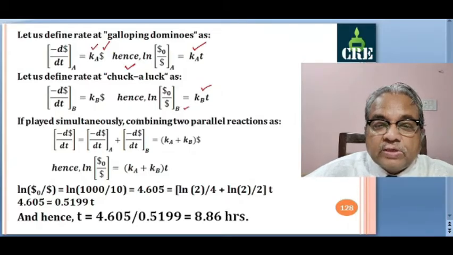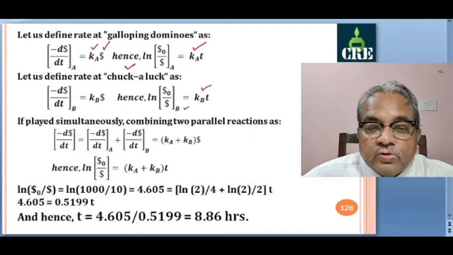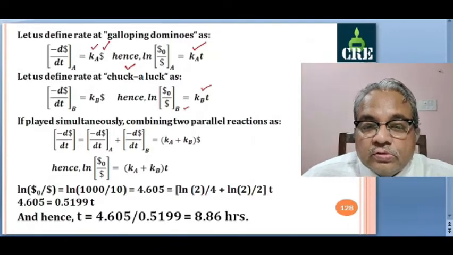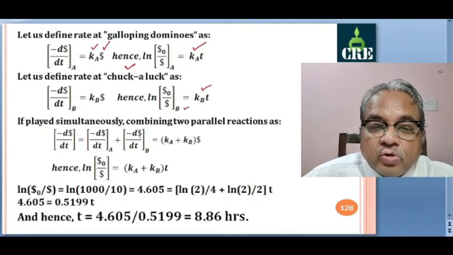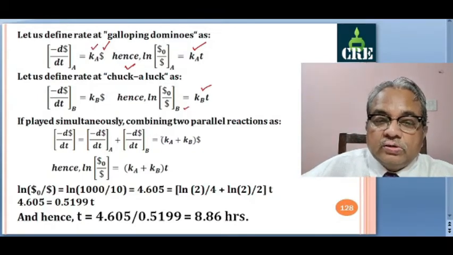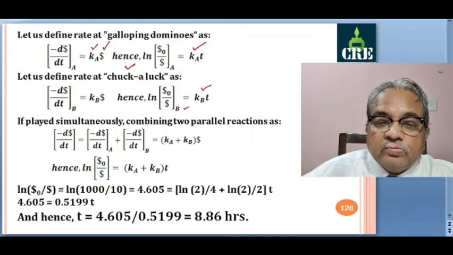He is playing the game simultaneously. So these are two parallel reactions which we can combine. So minus d dt of dollar is minus d dt of dollar at A plus minus d dt of dollars at B. So this is whatever money he has in his hand, concentration term, exactly similar term.